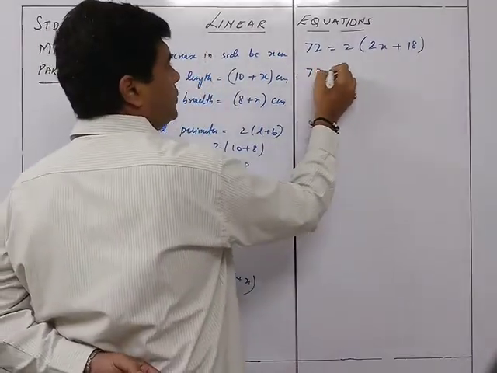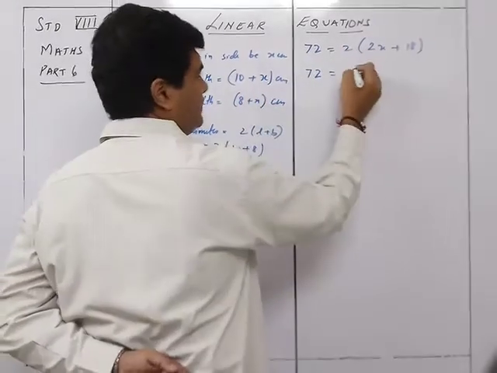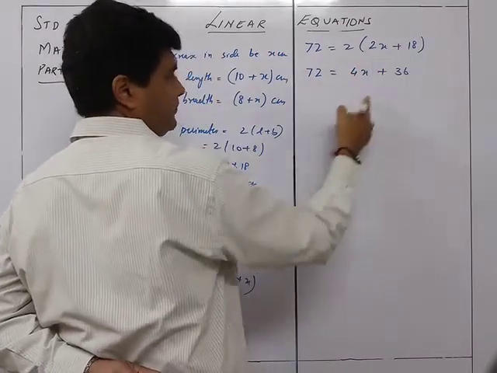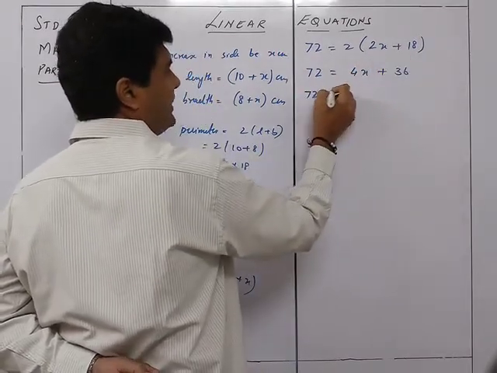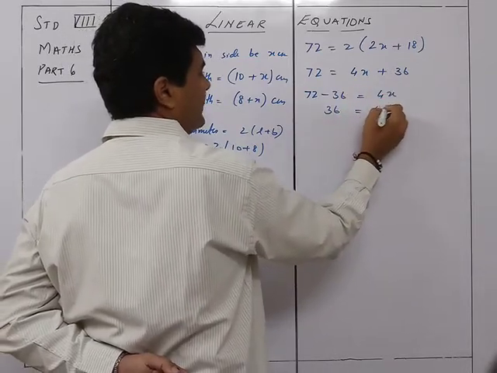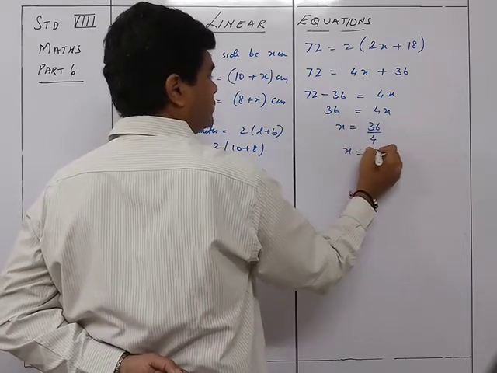You can take the 2 over here and make it 36 also, not a problem, but I am just multiplying it as normal. 4x plus 36. 36 comes here, so 72 minus 36 is equal to 4x. So 36 is equal to 4x. So x is equal to 36 upon 4. So x is equal to 9.